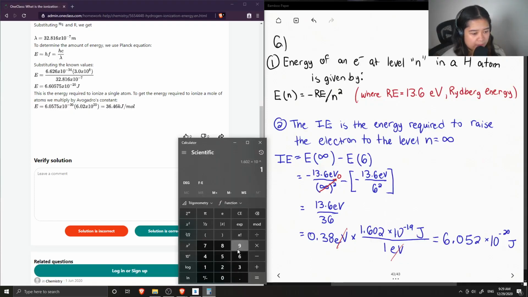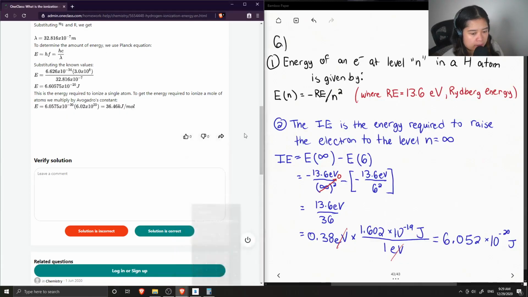Using this is 1.602 times 10 to the negative 19. Then I'm just going to multiply by 0.38. 6.0.